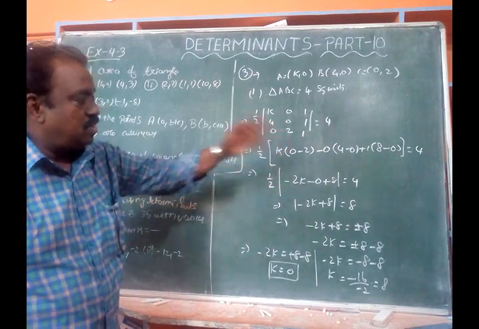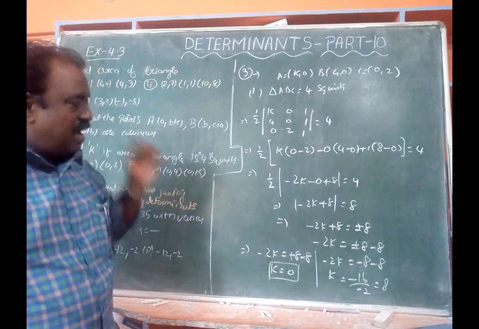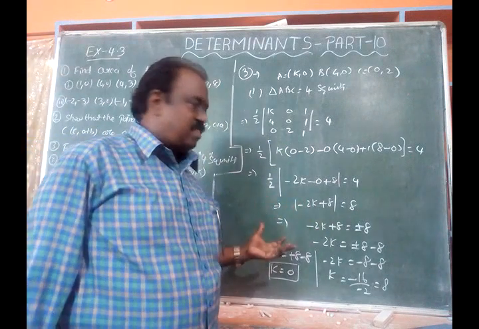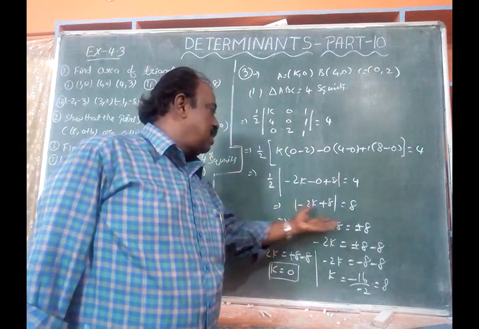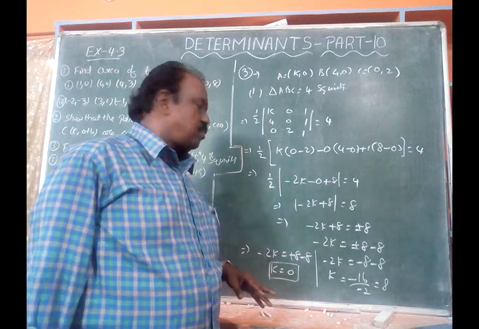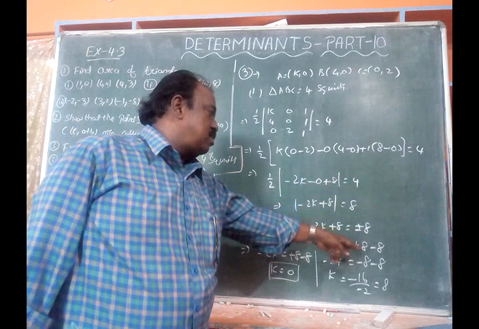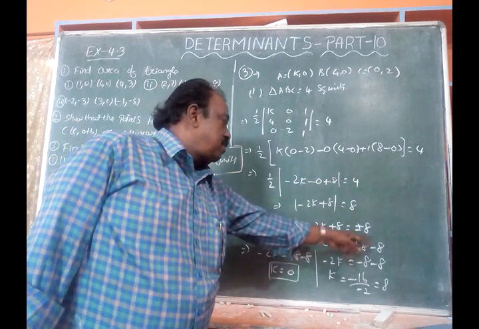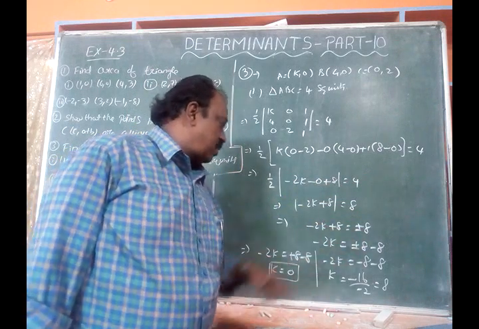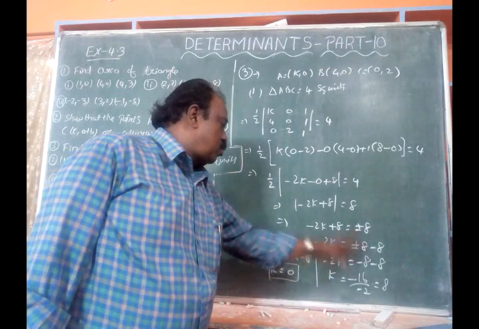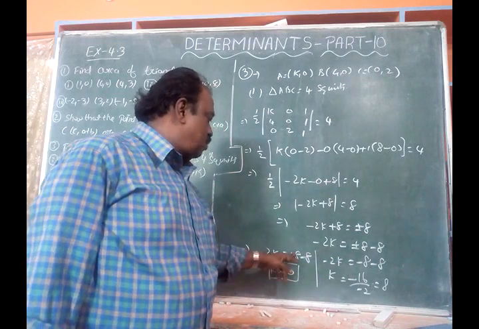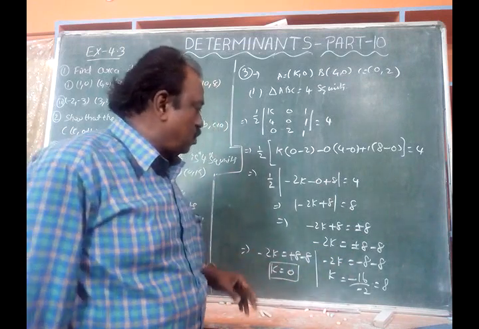This 2 goes to that side, it is 8. And I am releasing this modulus, so it is plus or minus 8. So minus 2k plus 8, that 8 goes to the other side, minus 8. One time plus 8, other time minus 8. So minus 16 by minus 2 is 8. Here 0 by anything is 0.